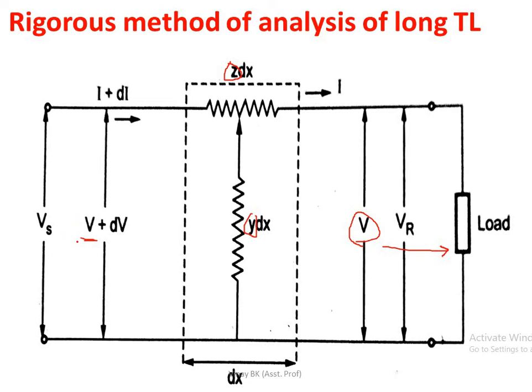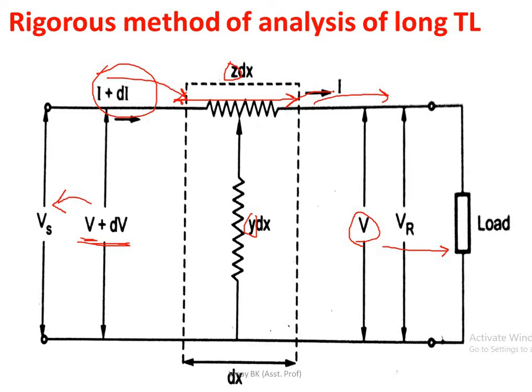Then V plus dV is the voltage at the end of the element towards the sending end. I plus dI is the current entering the element dx, and capital I is the current leaving from dx.